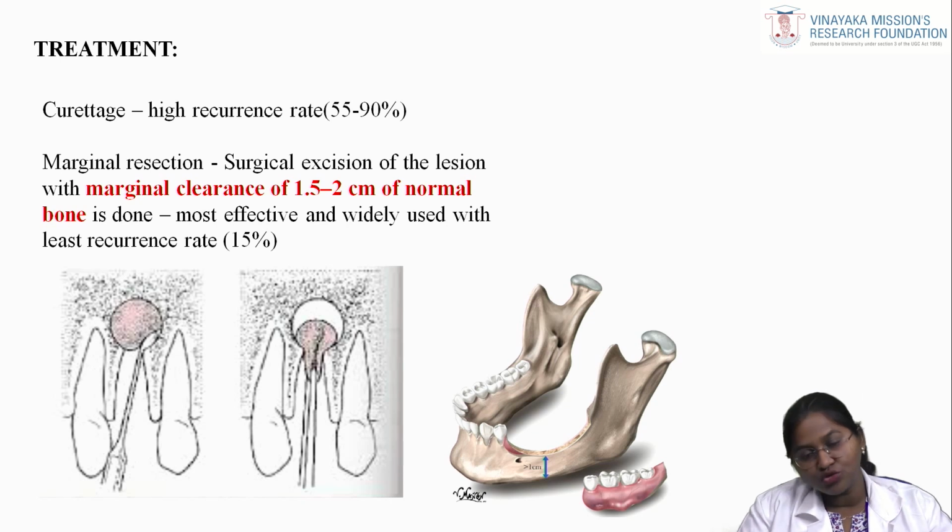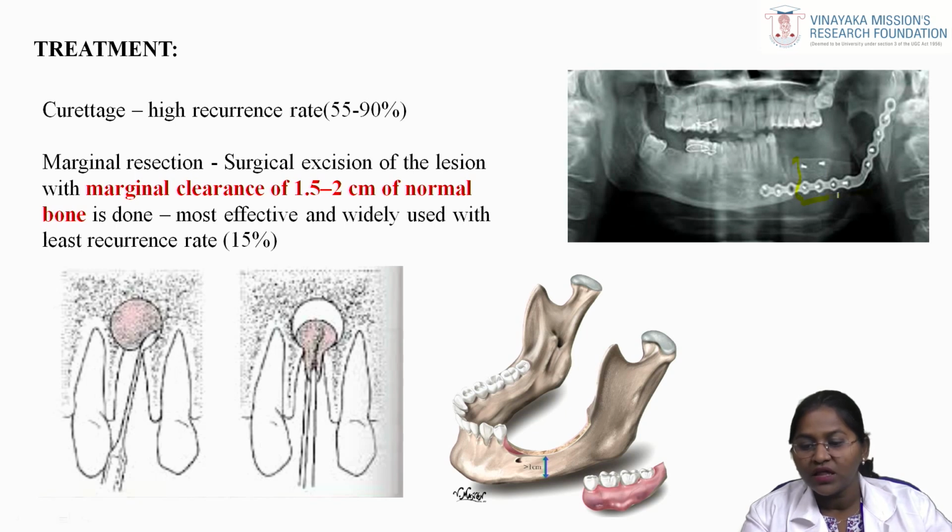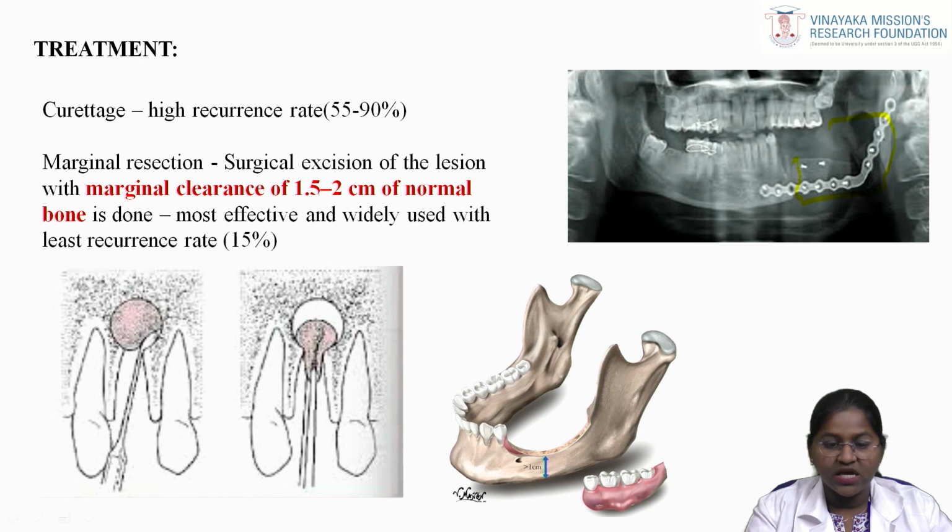If the lesion is too large, we can remove it fully, including the inferior border of the mandible, as in the case of a large cystic lesion like this. Here they have removed the complete lesion and a reconstructive plate has been placed. But curettage has a high recurrence rate, about 55 to 90% in the case of ameloblastoma.